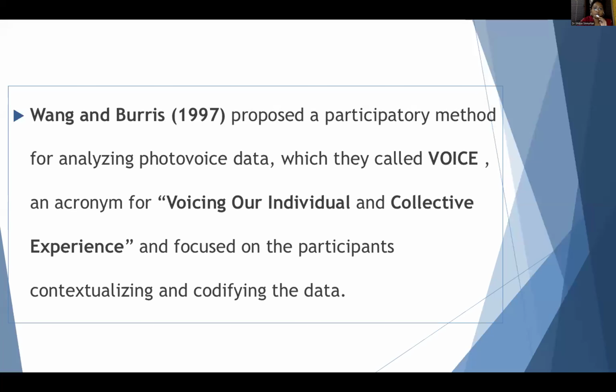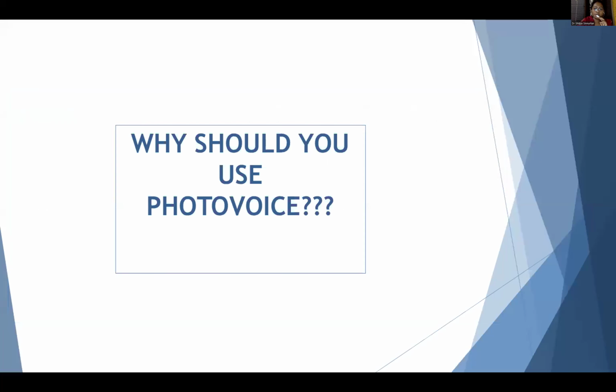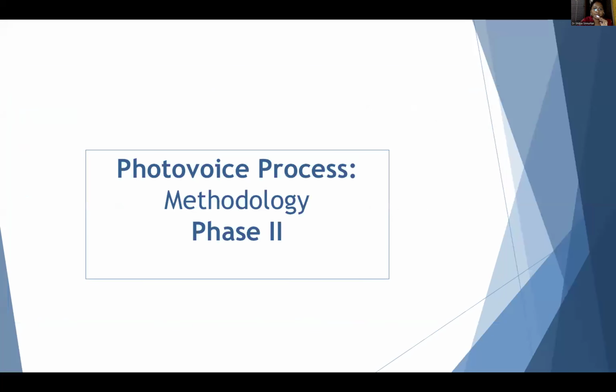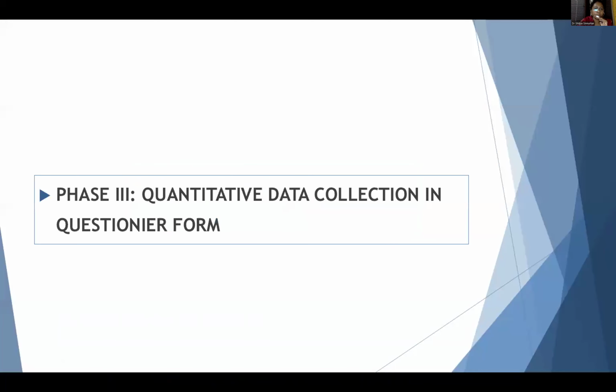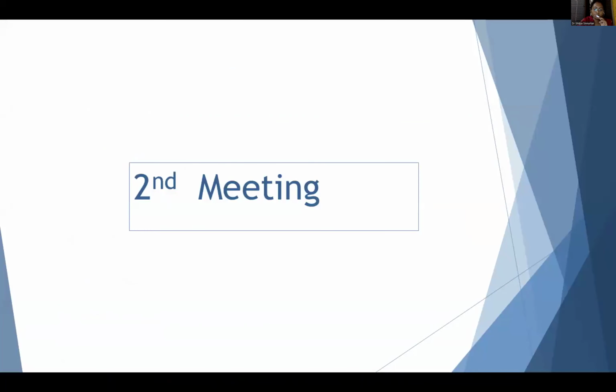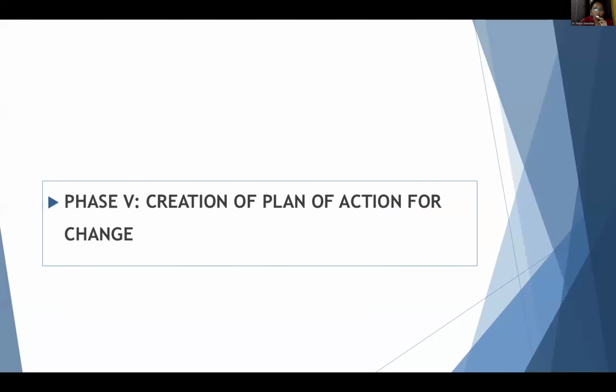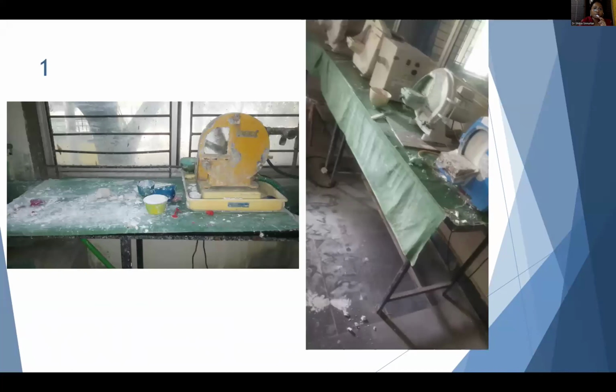In this, ma'am, I have already explained. I will just go to what exactly I have collected. I have conducted the meeting, ma'am. First a briefing was done with the students, and the students have given me some pictures. This is one of the pictures by first to final year students, including interns.